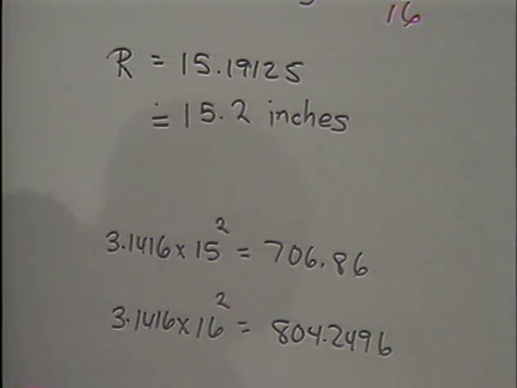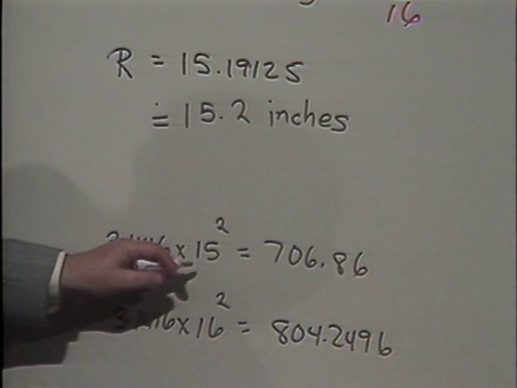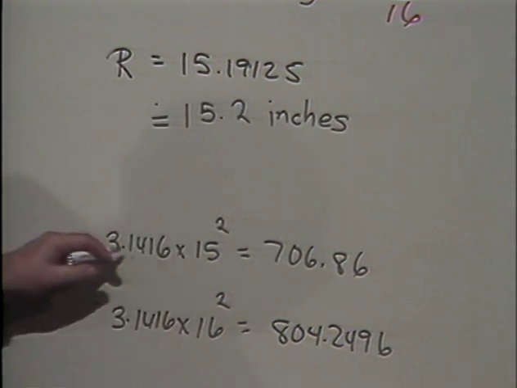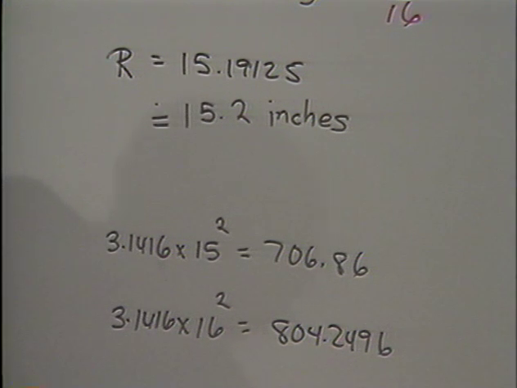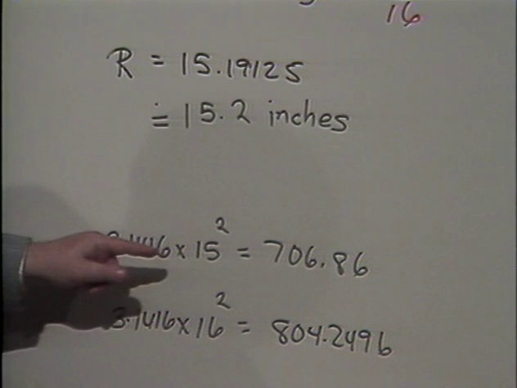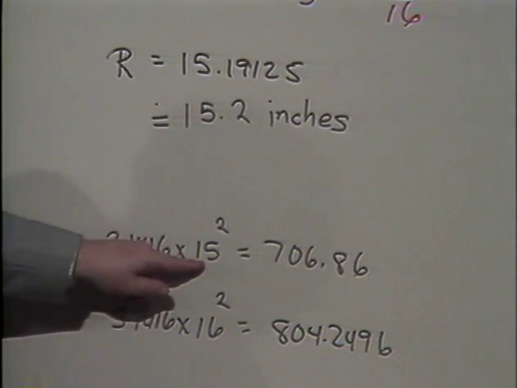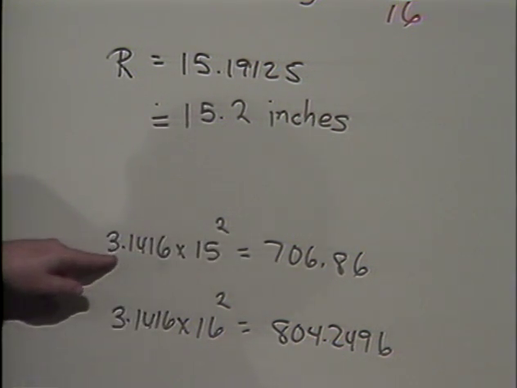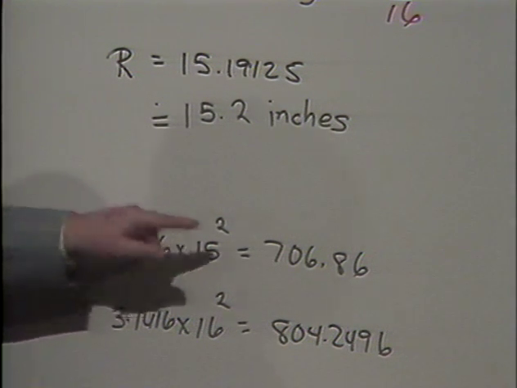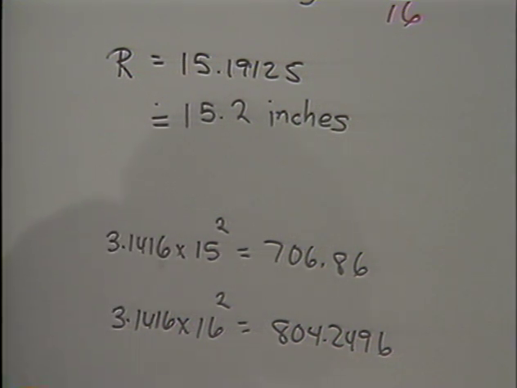And by the way, to check this out, you know that the area of a circle is the square of the radius times pi. We're taking pi to be 3.1416. So if 15.2 is the right answer, first of all, what should happen? I could take 15.2, square it, multiply by 3.1416, and that should give me something very close, considering rounding off and everything, to 725.